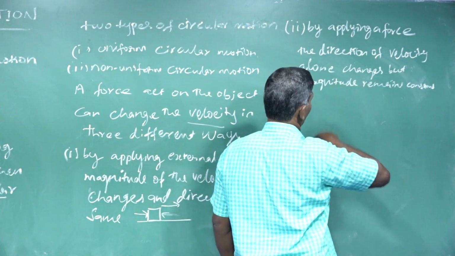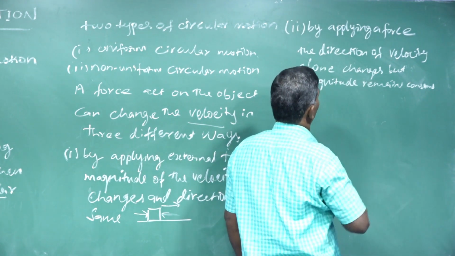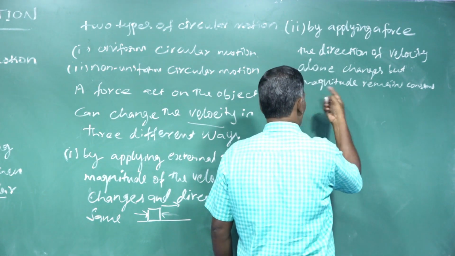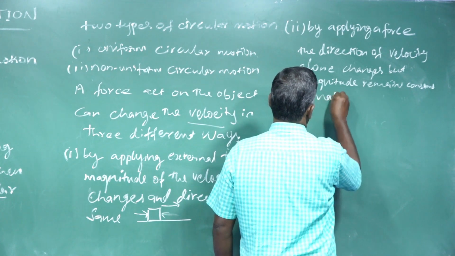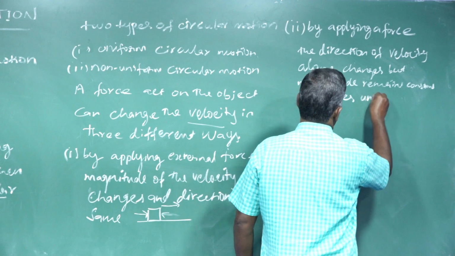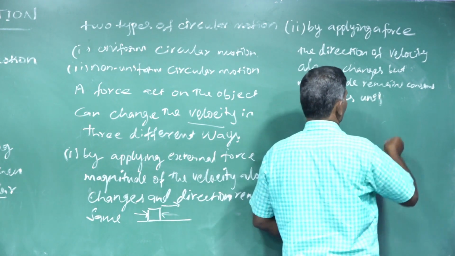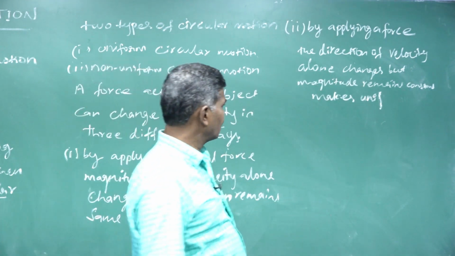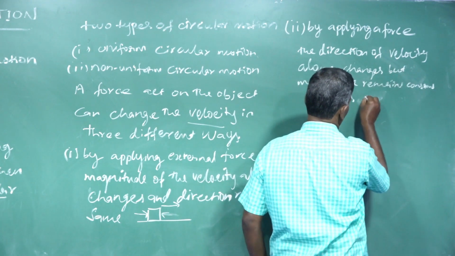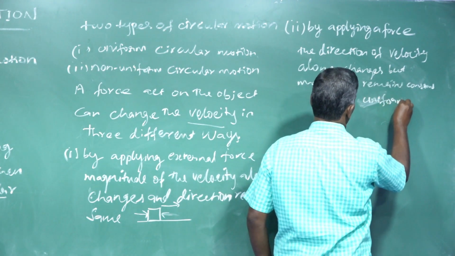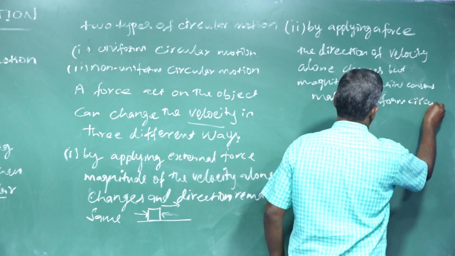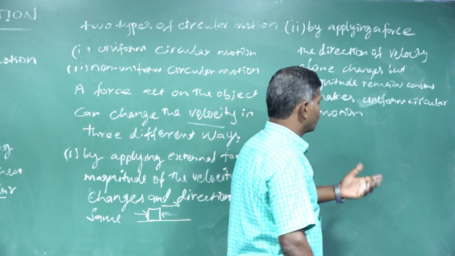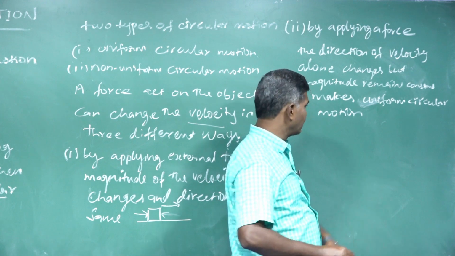If you apply this type of force which changes the direction only while the magnitude remains constant, applied continuously, it makes a uniform circular motion. This is the second way to change the velocity by applying a force.